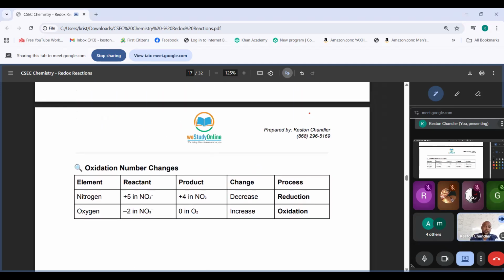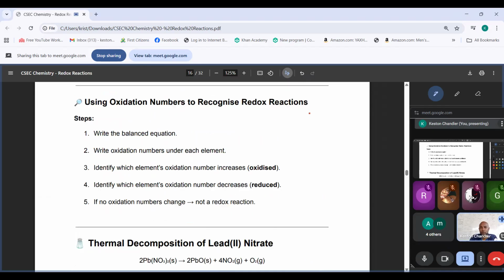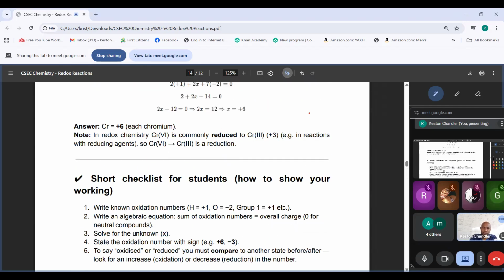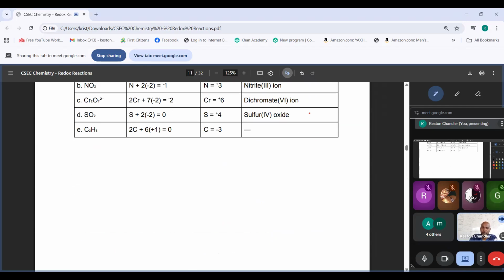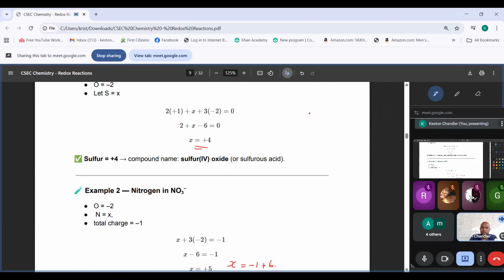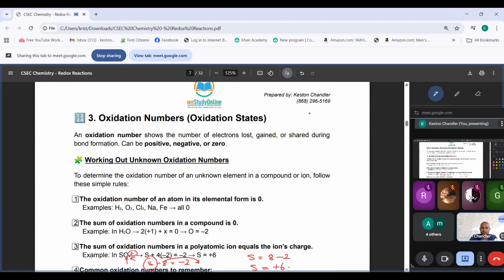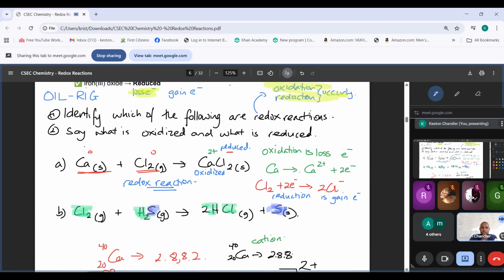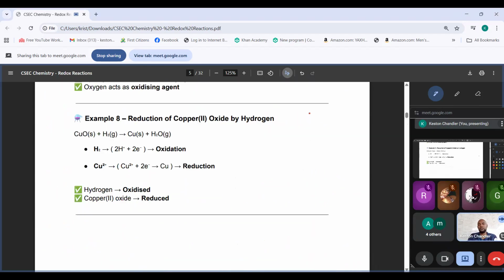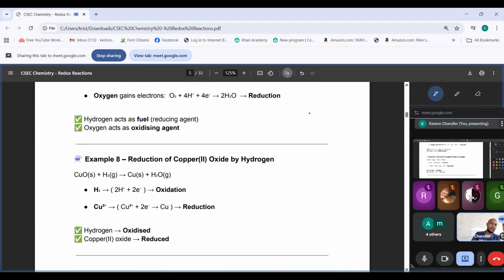Next week we'll continue. I'd like you to read over what we did on the handout, right? Read over, look at your rules, make sure you understand what is happening that causes the changes in oxidation states and how that relates to loss or gain in electrons or increase and decrease in oxidation numbers. That's the key to understand redox reactions, right?